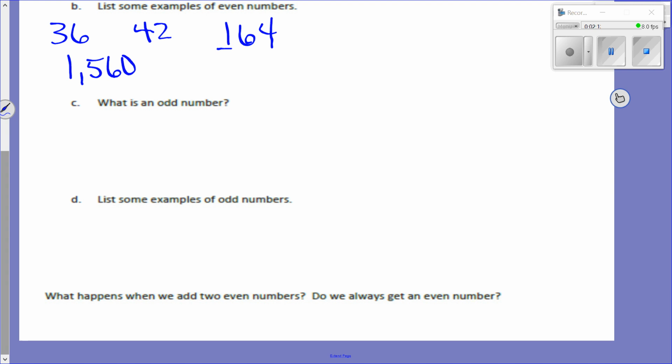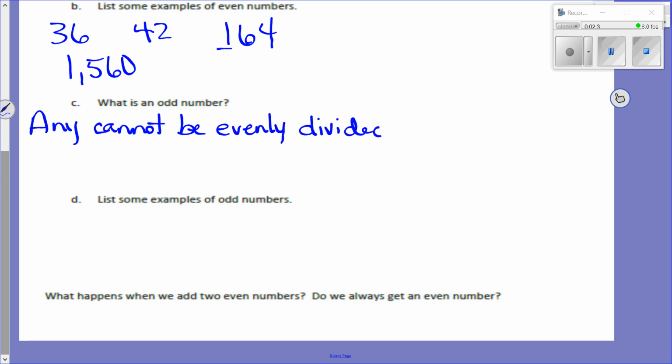Now, conversely, what is an odd number then? Kennedy? Any number that can't be divided by 2. We'll just say cannot be evenly divided by 2. So just as we could look at an even number and know it's even, how do I know it's an odd number?